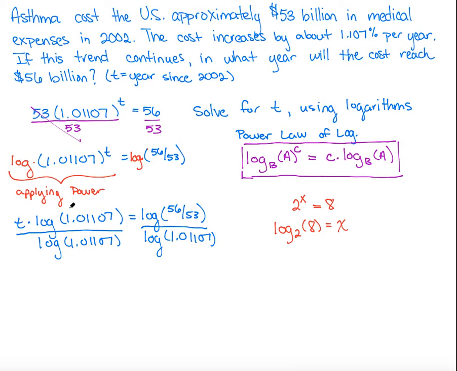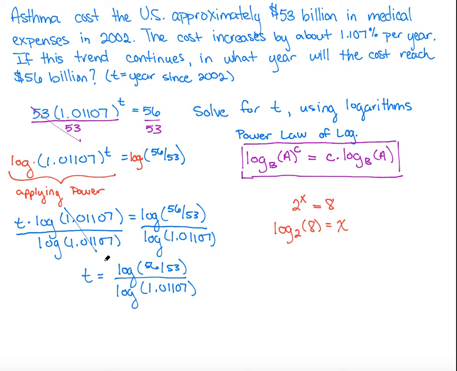This cancels out on the left, leaving us with t. So we've just isolated t, which is exactly what we want. On the right-hand side, I'm just going to bring this down again and rewrite it as the log, base 10, of 56 divided by 53, divided by the log, base 10, of 1.01107, is equal to t.